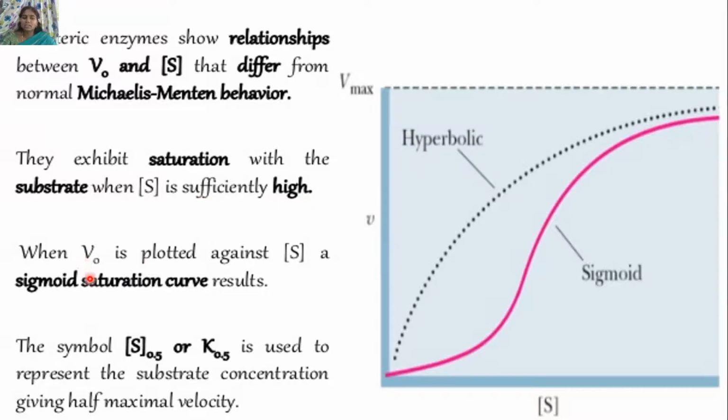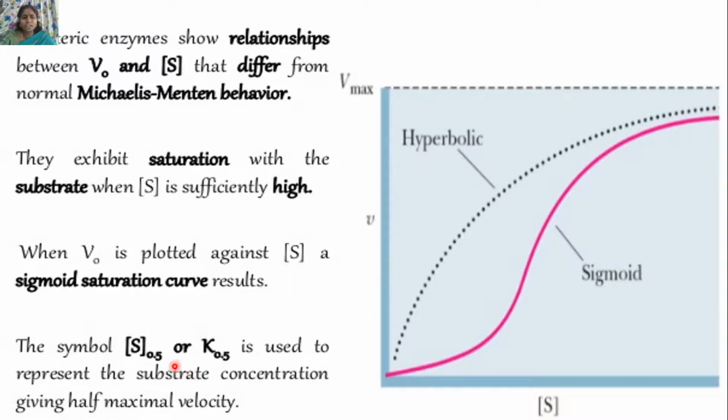But in allosteric enzymes, when the initial velocity is plotted against the substrate concentration, you will observe a sigmoid saturation curve.